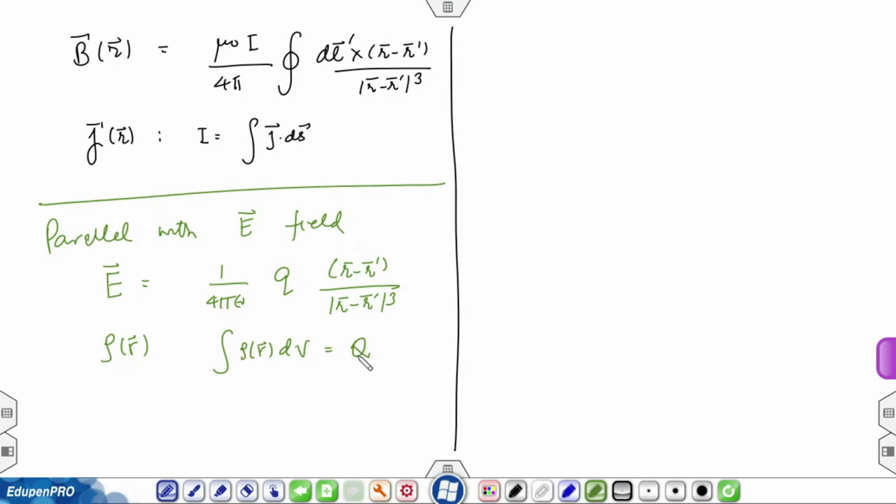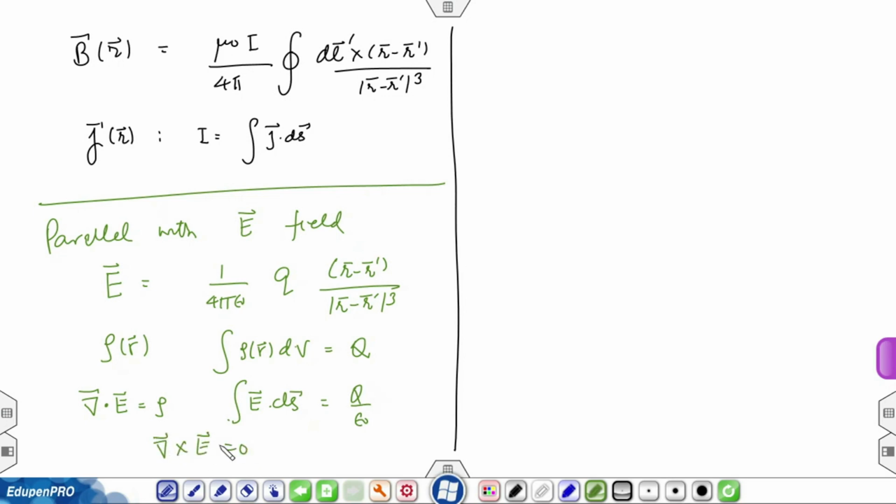And then here we had Gauss's law, which says del dot E is equal to rho over epsilon 0, or integration E dot ds. There should not be any circle over this. The surface integral is equal to charge enclosed divided by epsilon 0, and we had curl of E equal to 0.